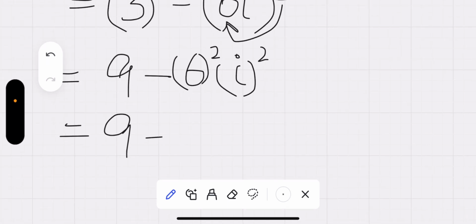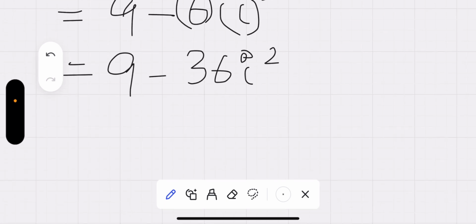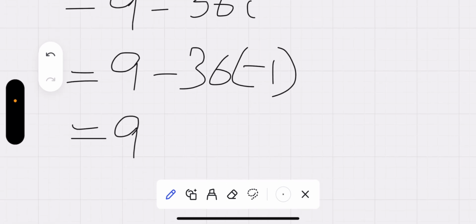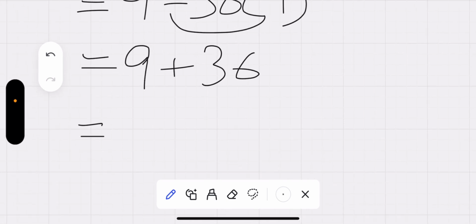So 9 minus 6 square is 36 and iota square is minus 1. We shall replace in the next step, which is minus 1, and we have minus and minus, plus, so plus 36. Okay, 9 plus 36 is 45. This is the answer.